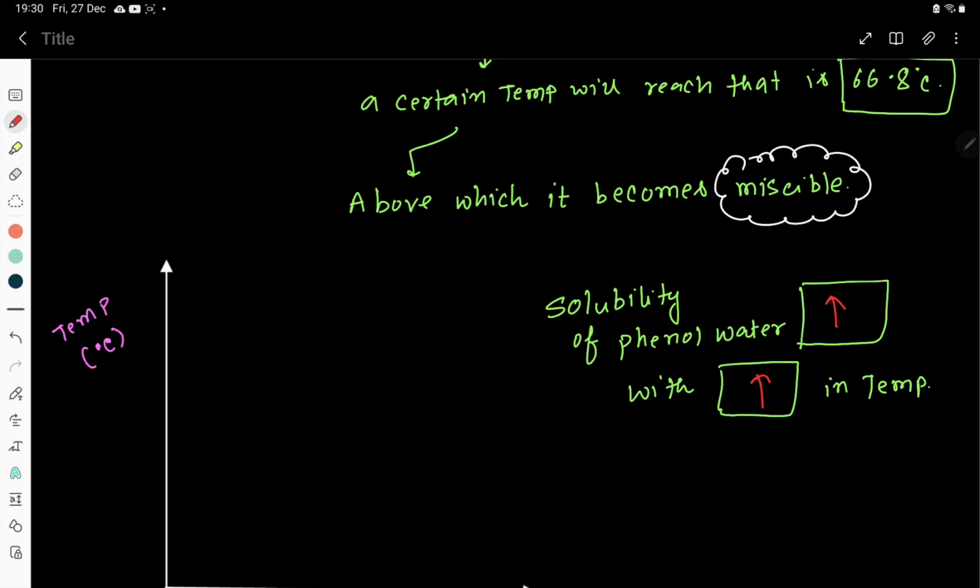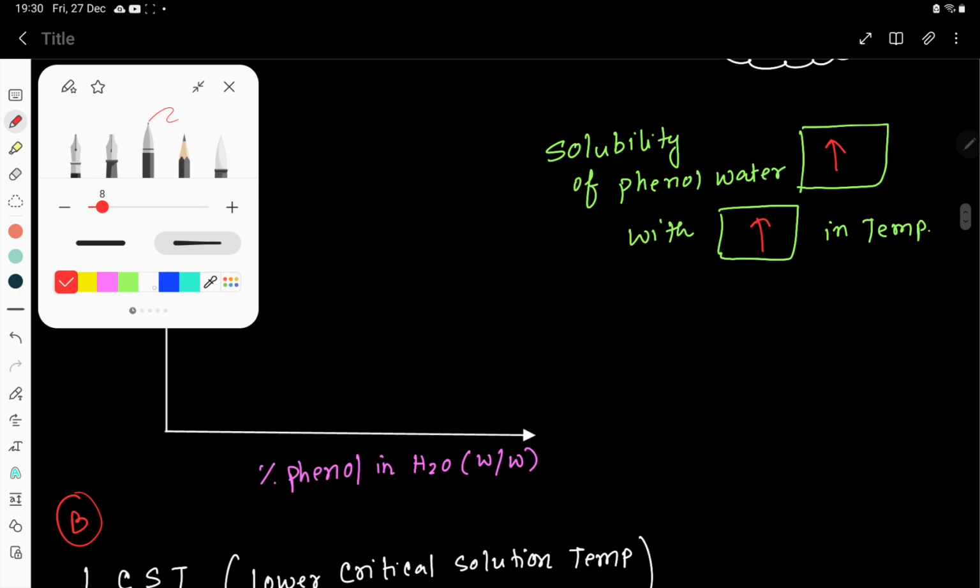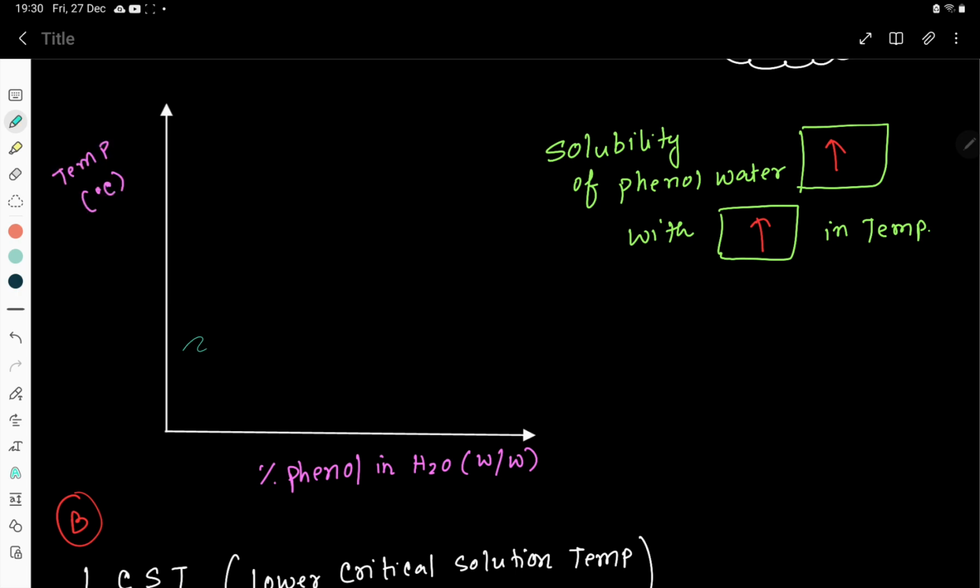So the graph will basically look like this. And this topmost point will be the UCST point.